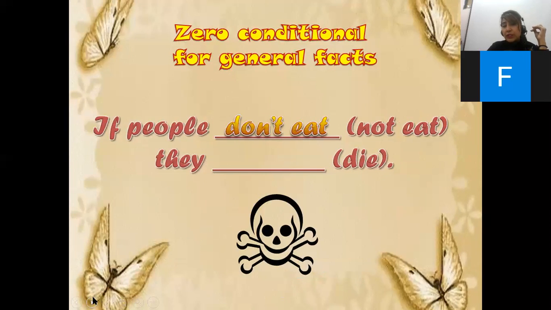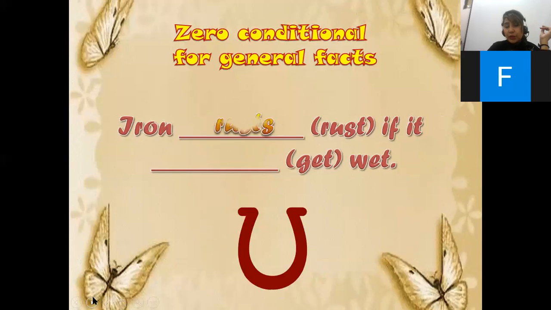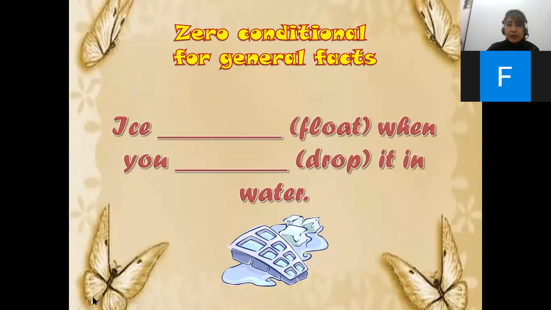If people don't eat, they die. All right. So you see that we are using simple present tense. So make sure that you take care of this third person singular, s or es, don't and doesn't thing. Or iron rusts if it gets wet. Ice floats when you drop it in water.